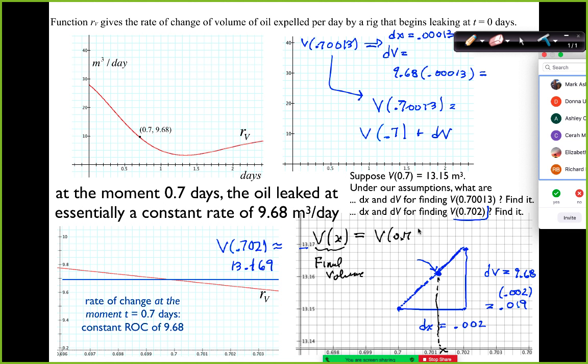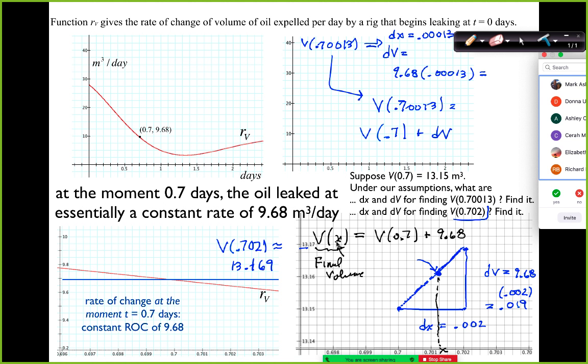Okay. Plus 9.68 times dx. Okay. But my function is not a function of dx. It's a function of x. But you're right. That's what we want here. We want dx.